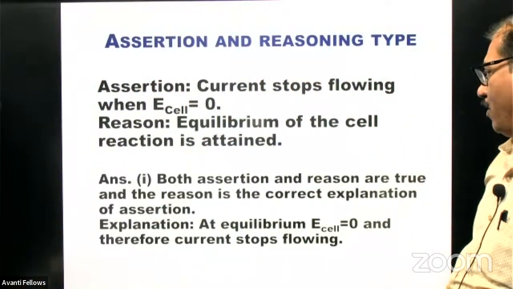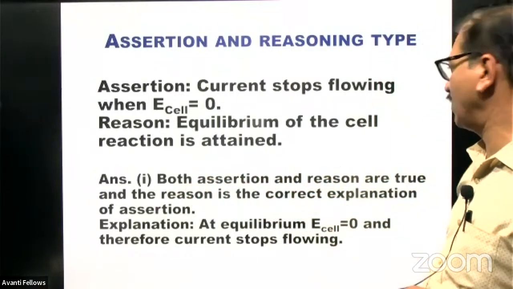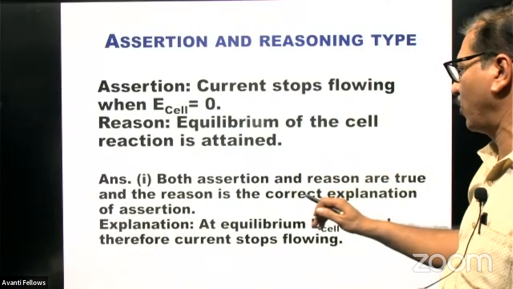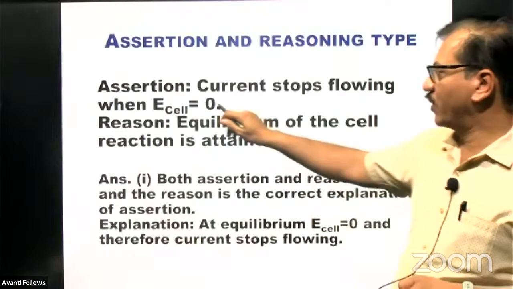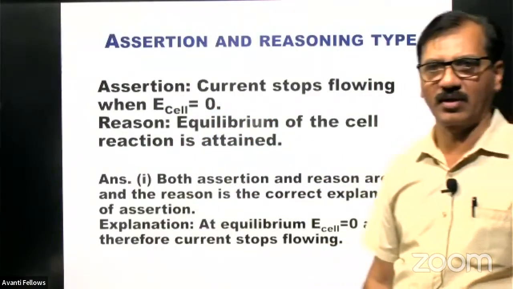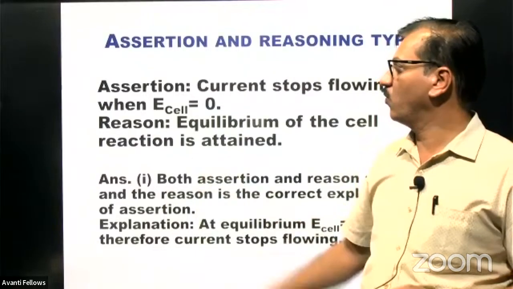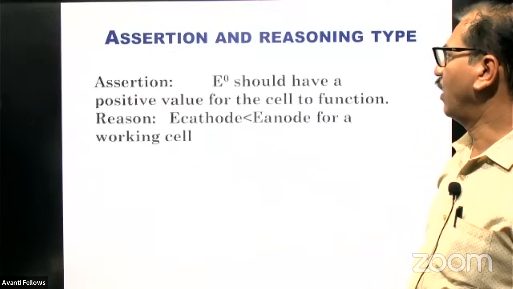The answer is: both assertion and the reason are true, and the reason is the correct explanation of the assertion, because at equilibrium E of the cell becomes 0 and there is no change in the concentration and current stops flowing. This is how assertion and reasoning questions can be answered.